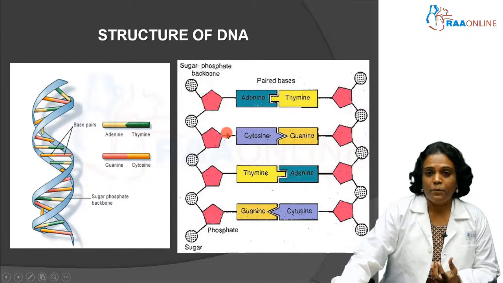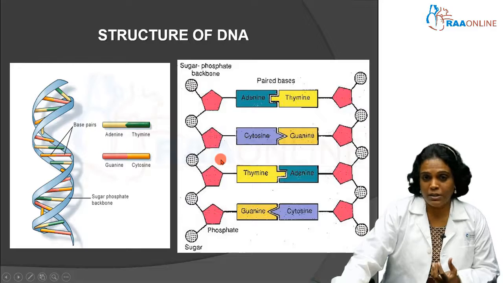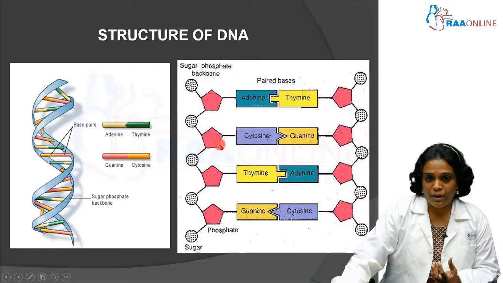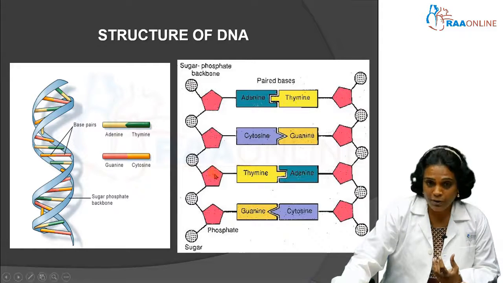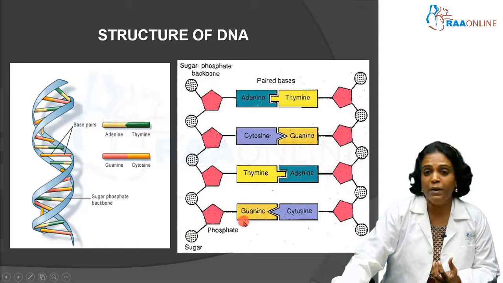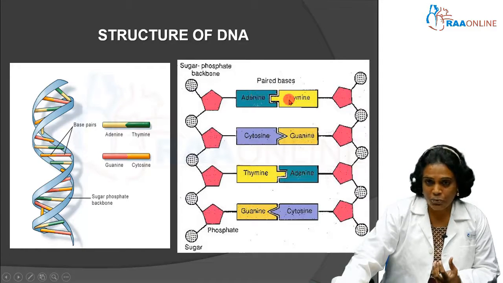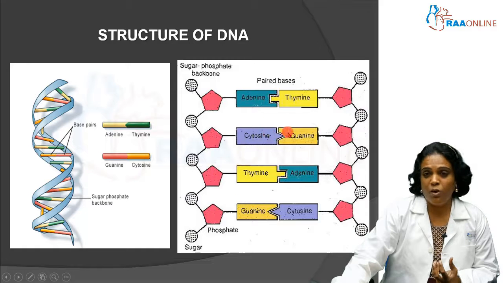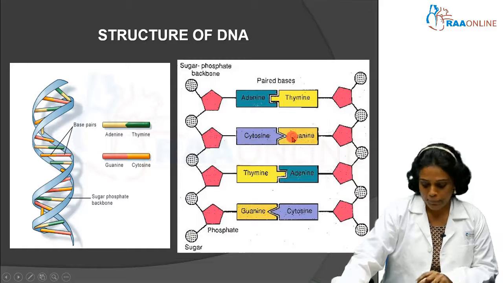Now, what is a nucleoside and what is a nucleotide? A nucleoside is made up of the ribose sugar and the nitrogenous base, whereas a nucleotide is made up of the ribose sugar, the phosphate group, and the nitrogenous base. Now there is a pairing system that always exists. Adenine always pairs with thymine and cytosine always pairs with guanine.